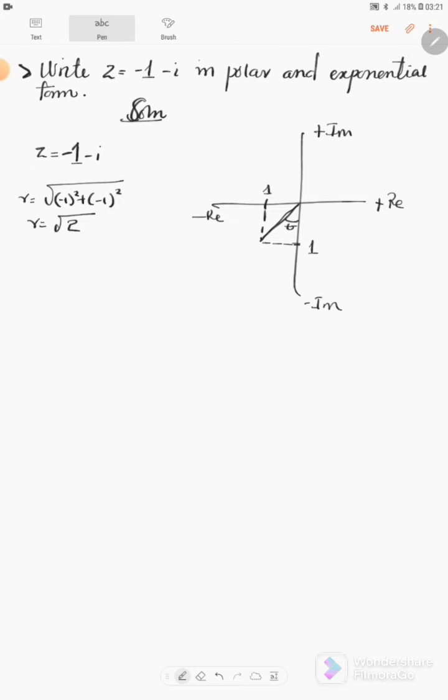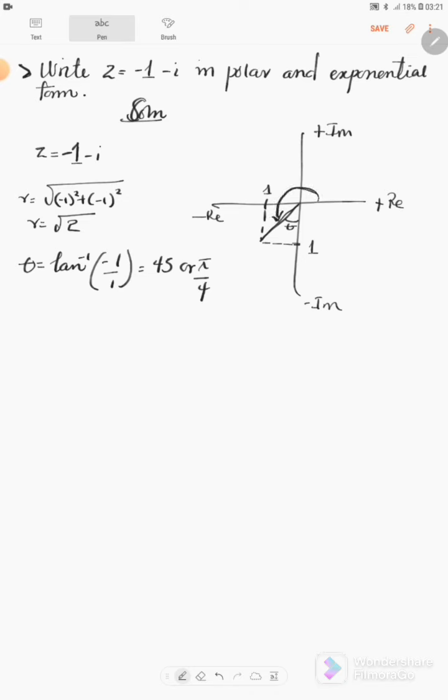Now let's find our theta. Theta equals tan inverse of b over a, and our b is minus 1, our a is 1. That gives us 45, or pi over 4. Now what are we looking for? The angle from here to here.